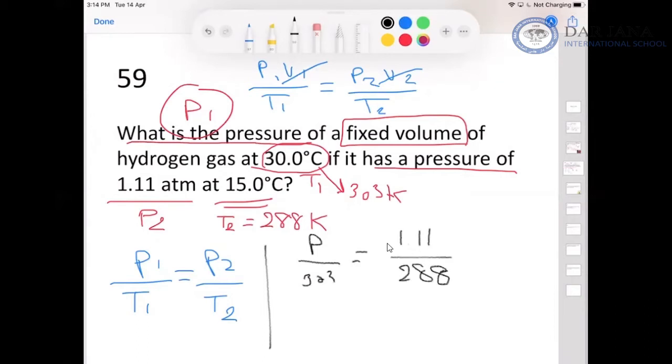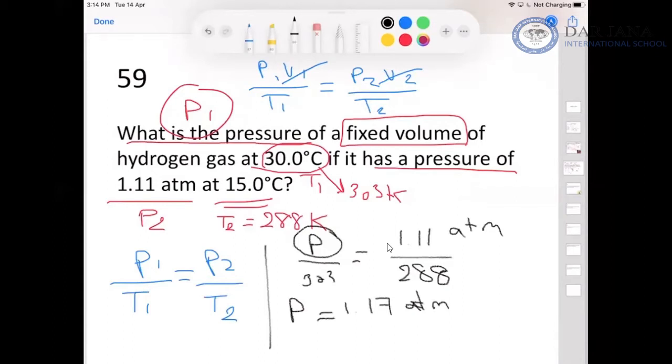Okay, now since the pressure here is in atmosphere, then the final answer also is going to be in atmosphere. You solve this equation and P is going to be 1.17 atmosphere.